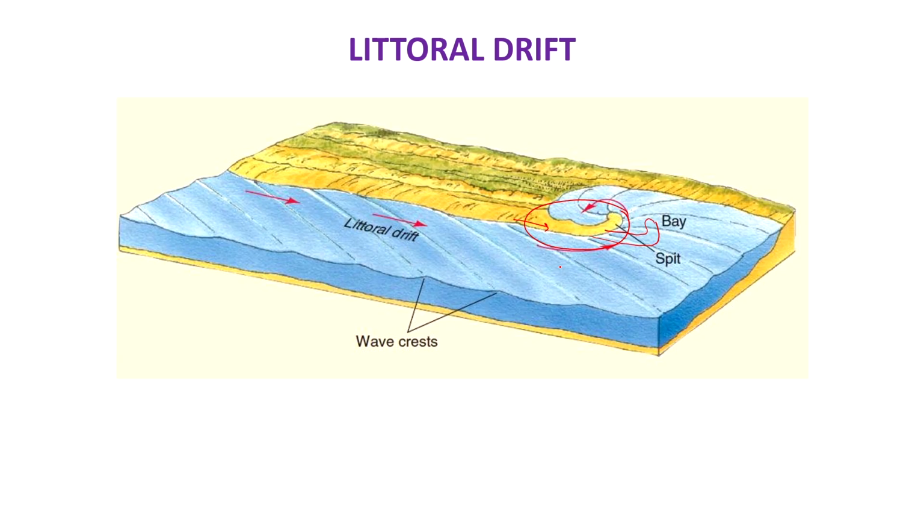This curved type landform has been termed as spit, and the inner area which we see as sort of a circular part has been termed as bay area. So, what we see is the beach formation, and you are having the spit formation, both because of this process.